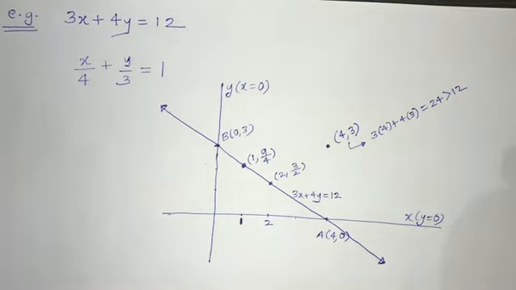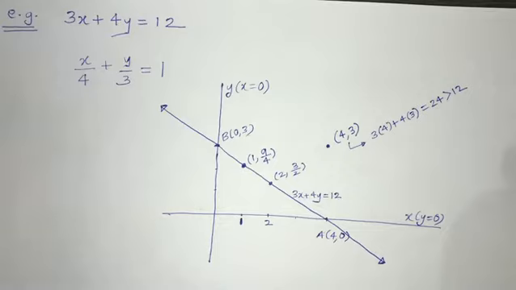I repeat, what I'm doing is taking 3 times the x coordinate plus 4 times the y coordinate, and what I'm getting is 24. If you compare it to 12, it is greater than 12. It's not equal to 12.